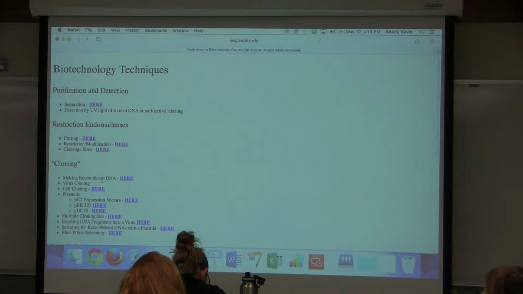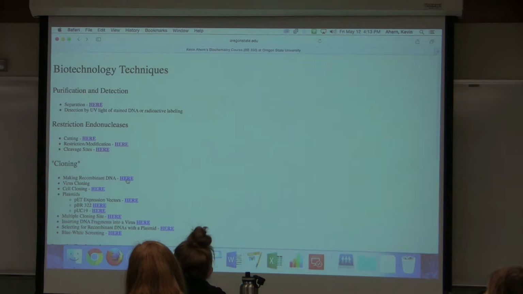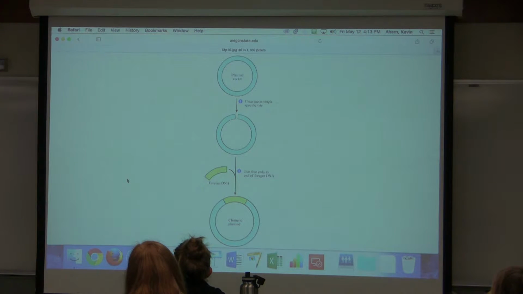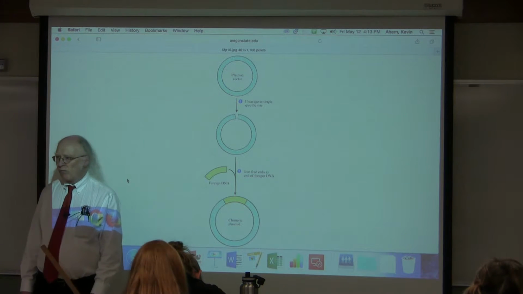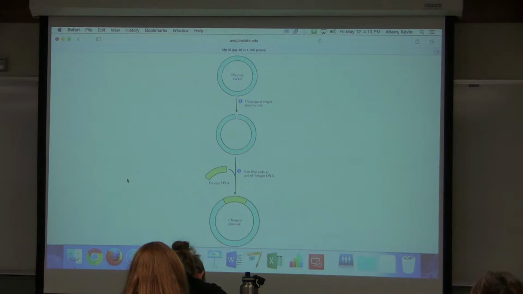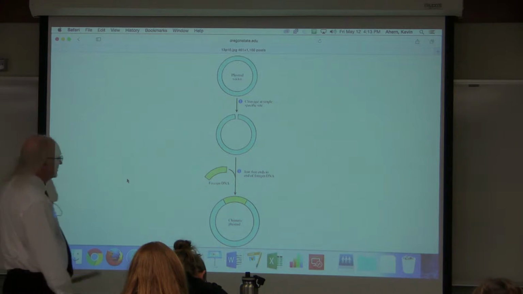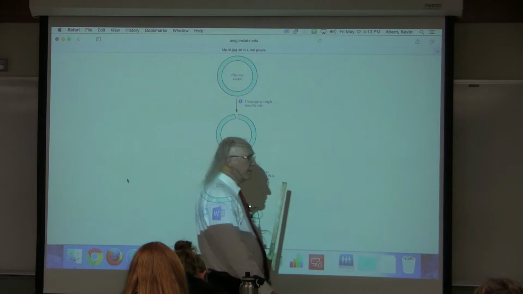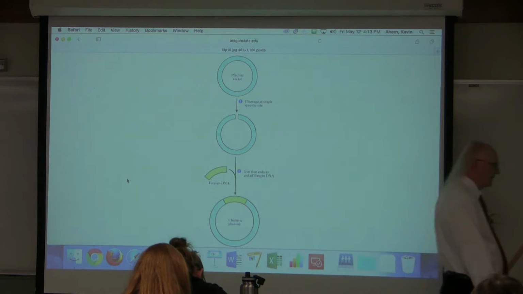So unfortunately, that term has been bandied about quite a bit. So here I'm going to use the term to refer to making of recombinant DNA, which people call cloning. Okay? They call it cloning because they can make millions and billions of copies of an identical DNA using bacterial cells. So I want to tell you a little bit about how one would go about making recombinant DNAs.